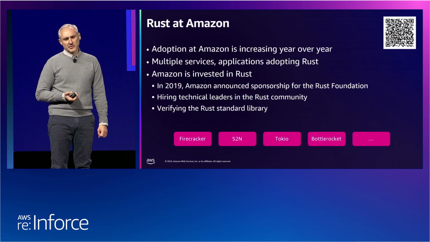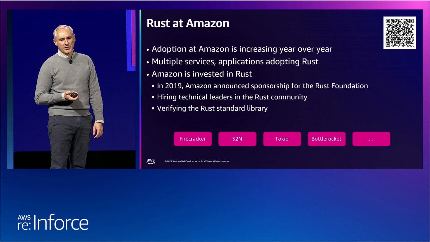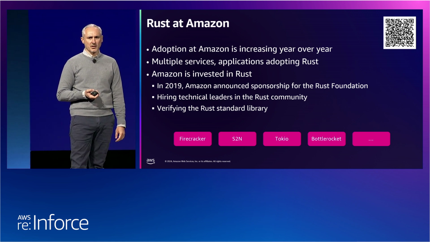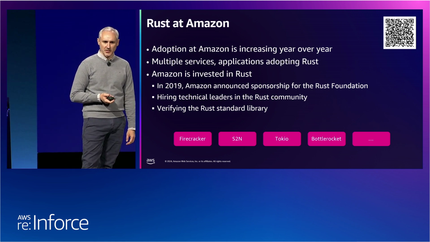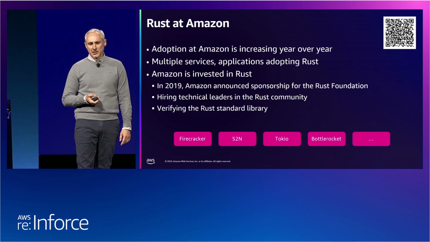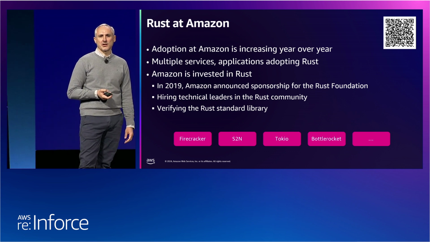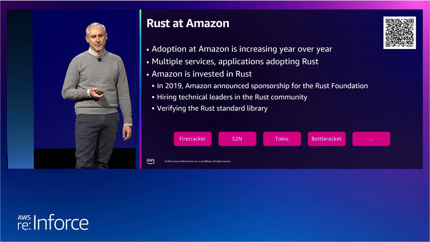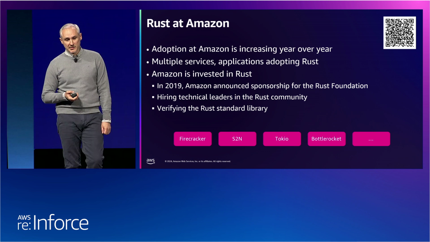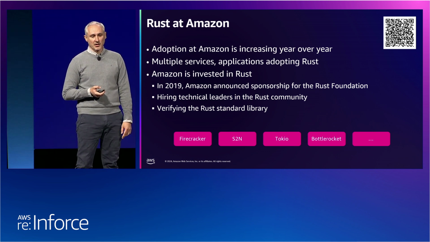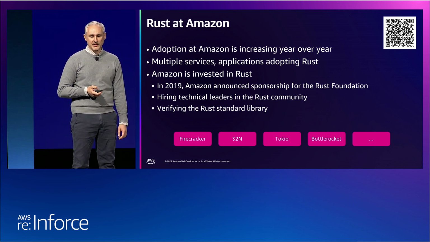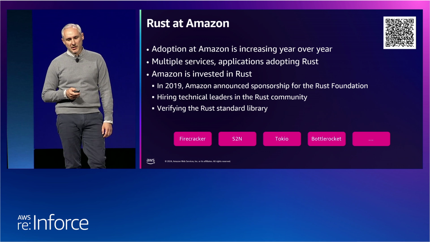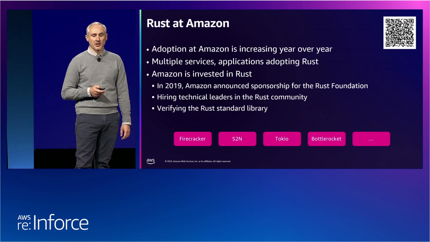Now, Rust at Amazon. Adoption is growing every year. Rust is one of, if not the, fastest growing languages inside of Amazon. We have multiple services and applications adopting Rust or being ported to Rust. Amazon as a company is invested in Rust heavily. For instance, in 2019, Amazon announced the sponsorship of the Rust Foundation.